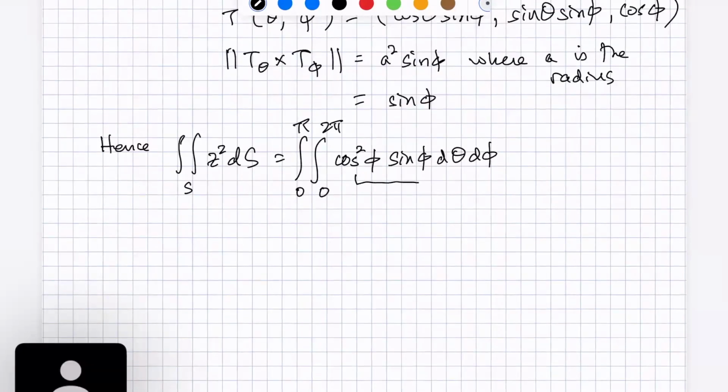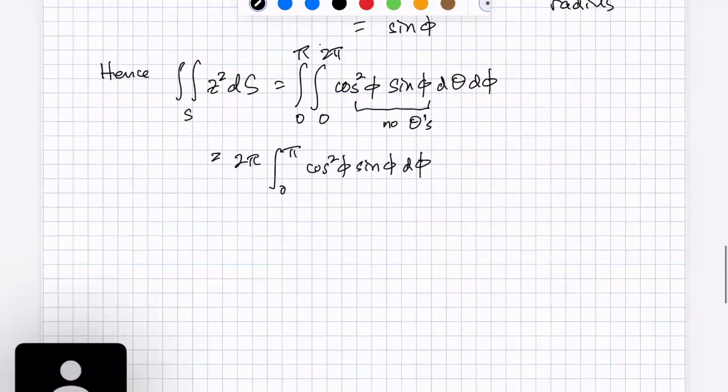Now notice that there are no thetas in my integrand, so this integral right here can just be written as top number minus bottom number. You don't have to do any special integration for that. And then here I have a u substitution, which gives a minus 1/3 cosine cubed phi from 0 to pi.